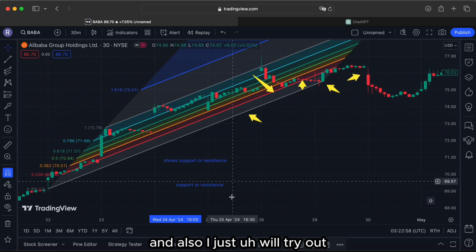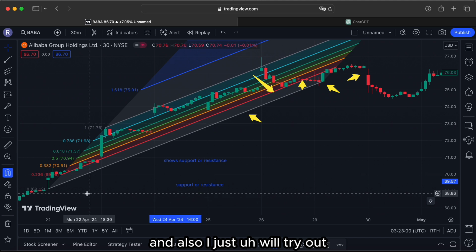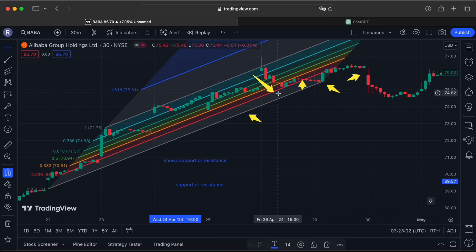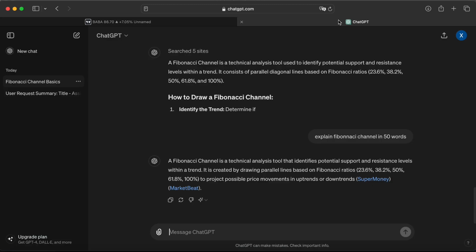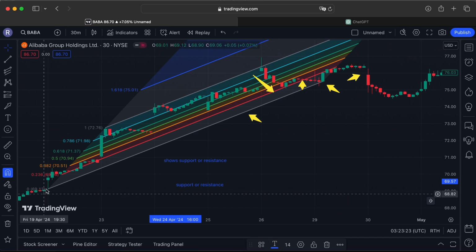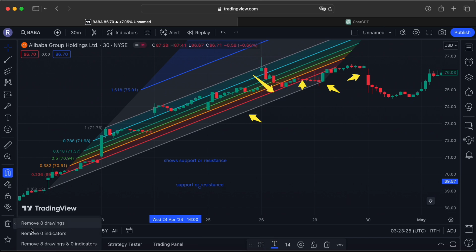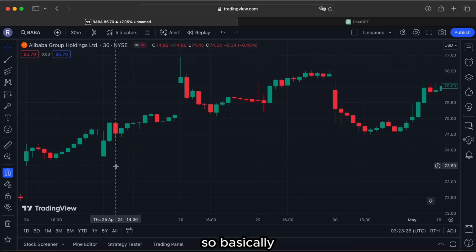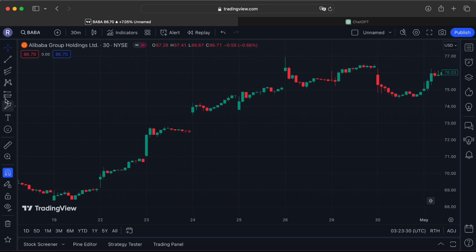And also I will try out ChatGPT to help me to plan my trade. I need to take a photo. So basically, let's draw back.